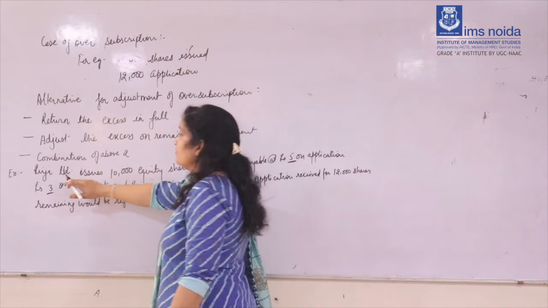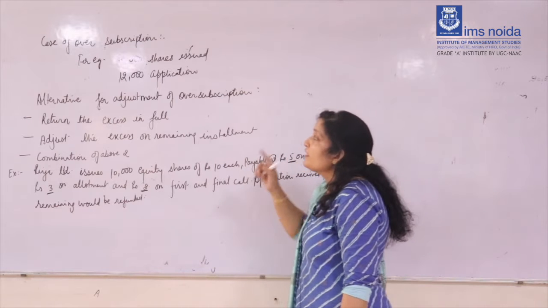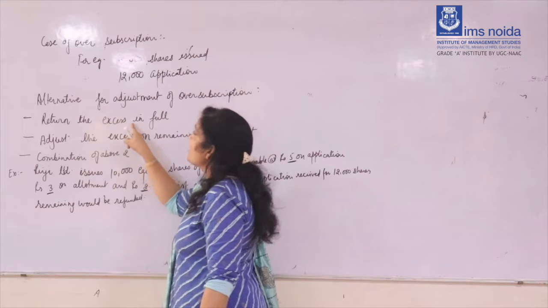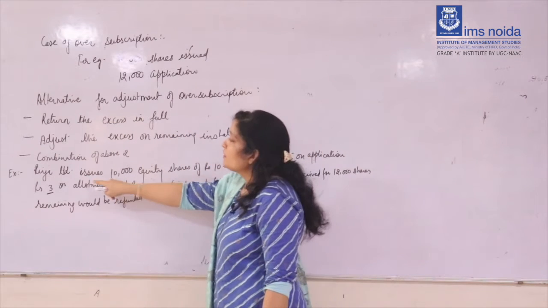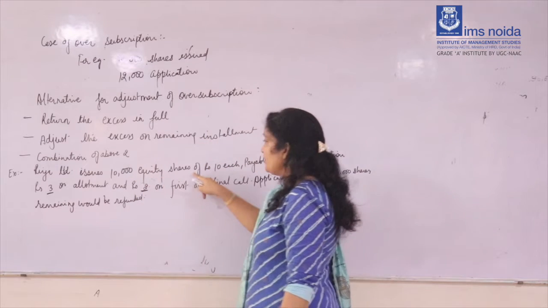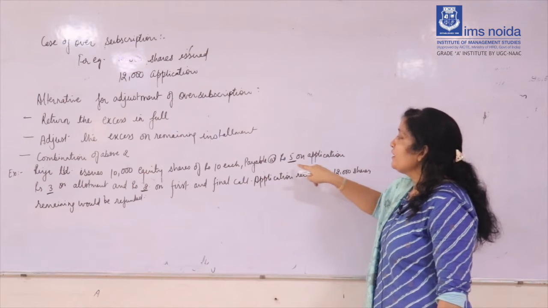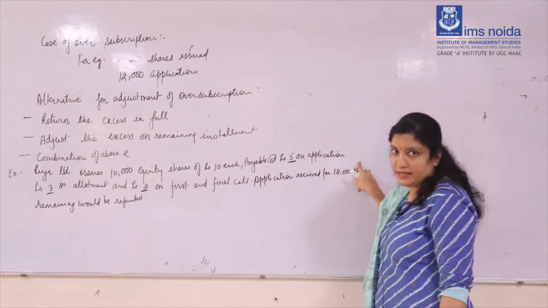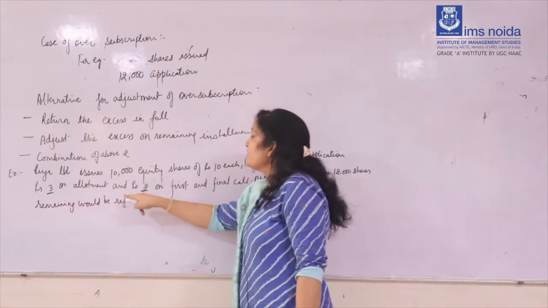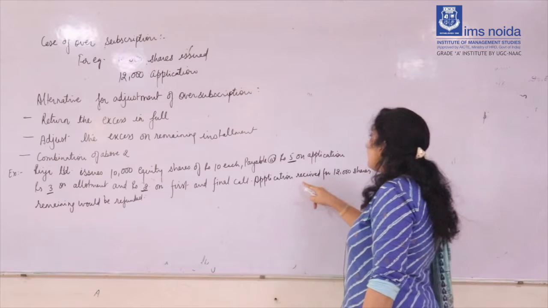Now, to understand this case of oversubscription, in the first case we will take the example of returning the excess in full. The question is: RIA Limited issues 10,000 equity shares of rupees 10 each payable at rupees 5 on application, rupees 3 on allotment and rupees 2 on first and final call.